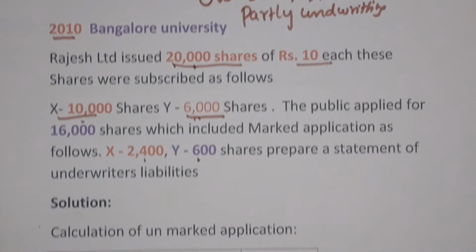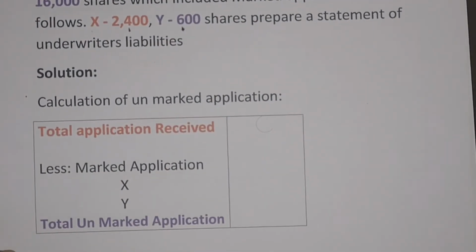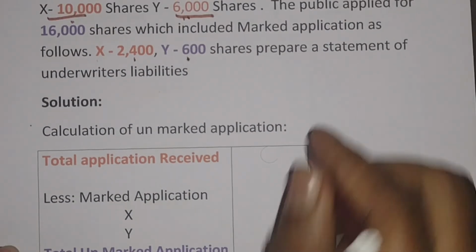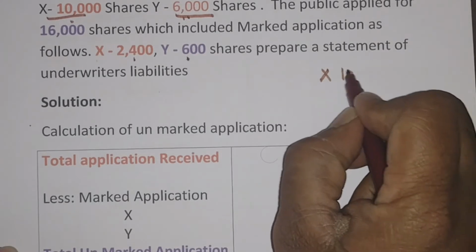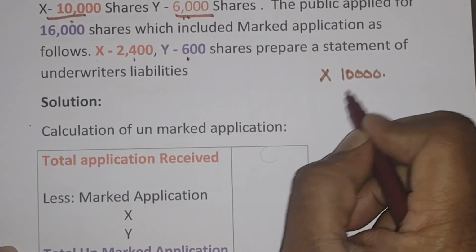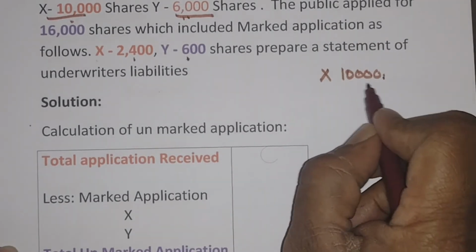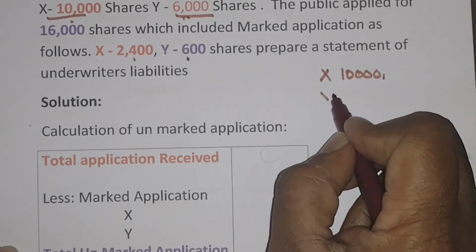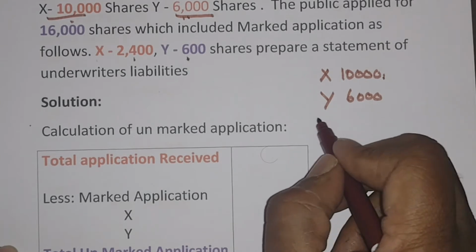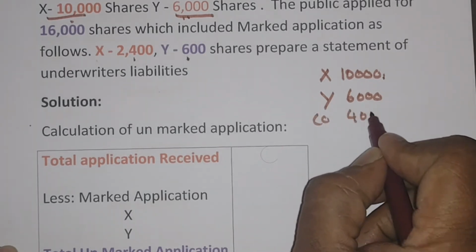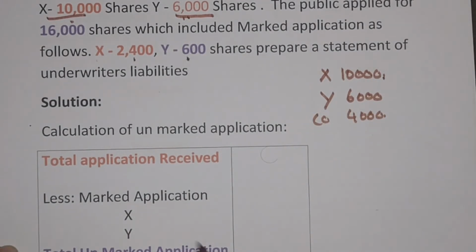The very first thing we have to calculate here is the unmarked application. Let me write all these things. Mr. X applied for 10,000 shares, meaning he is going to underwrite these shares. Mr. Y is asking 6,000 shares. The company will sell 4,000 shares.